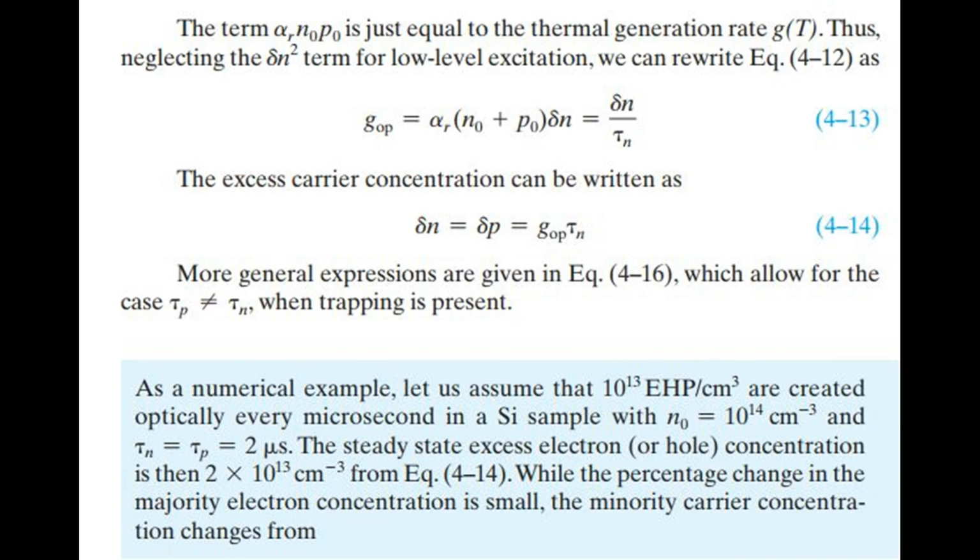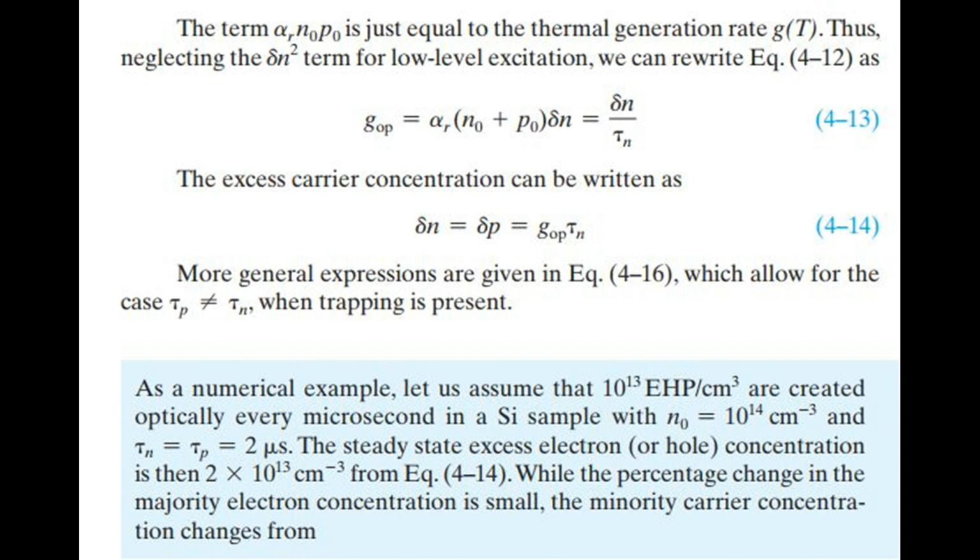Thus, neglecting the δn squared term for low-level excitation, we can rewrite Eq. 4.12, and the excess carrier concentration can be written as follows. More general expressions are given in Eq. 4.16, which allow for the case of hole lifetime not equal to electron lifetime, when trapping is present.